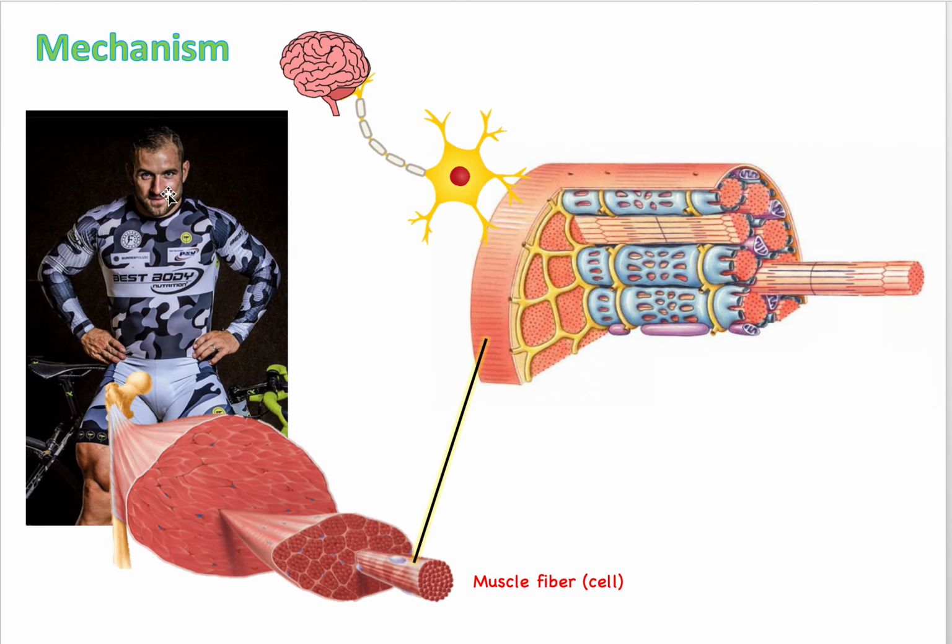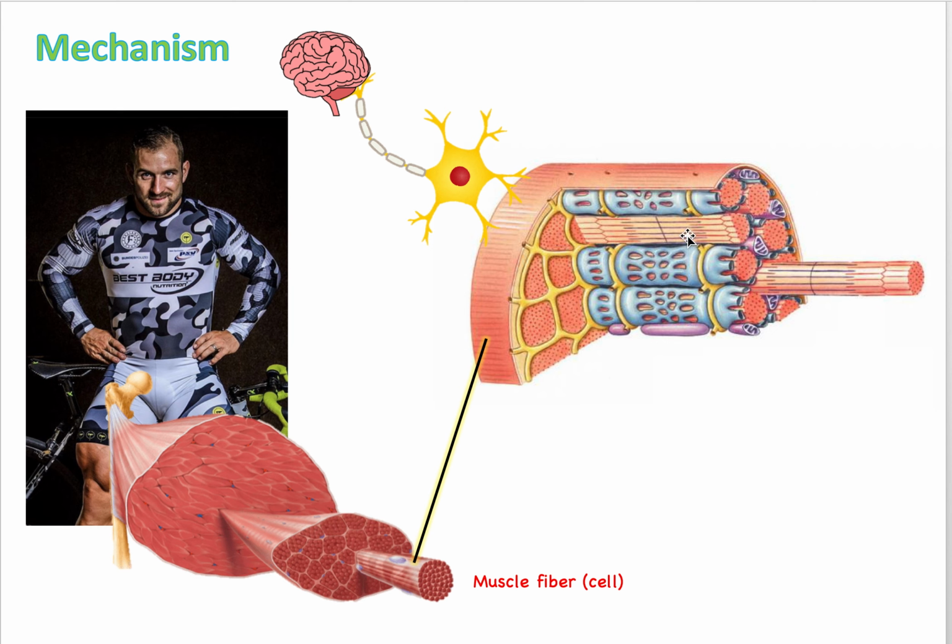So let's take this biker guy here. He's got massive leg muscles. When we look at the structure, we can see this is the whole muscle. The muscle is made up of small bundles of muscle. Each bundle is made up of muscle cells called muscle fibers. So this is one muscle fiber. If we look closely at this muscle fiber, we'll see this kind of structure.